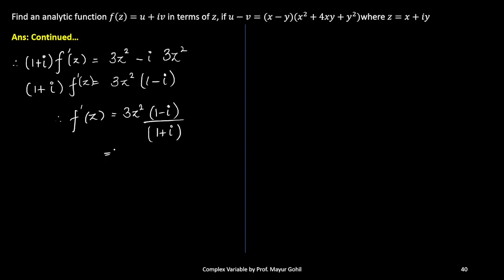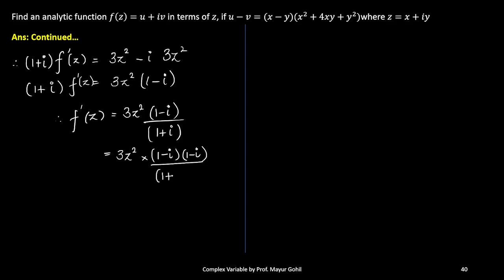And now for this expression 3z square, if you are allowed to use a calculator in your exam for the value of (1 minus i) over (1 plus i), then it is okay, otherwise you will need to show the calculation. So this is how you go about it. You can directly write that answer, but if a calculator is not allowed, then this is the way you proceed.